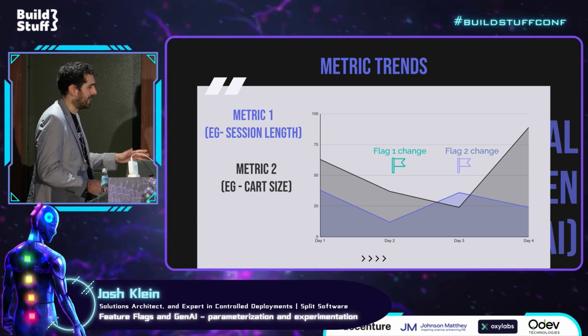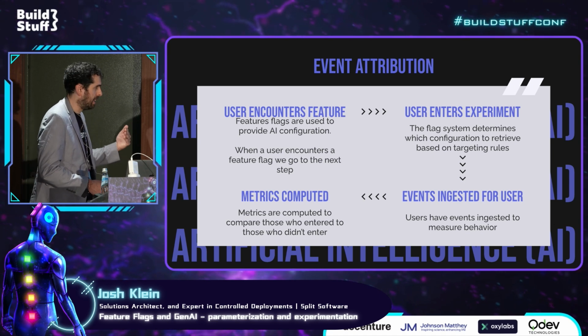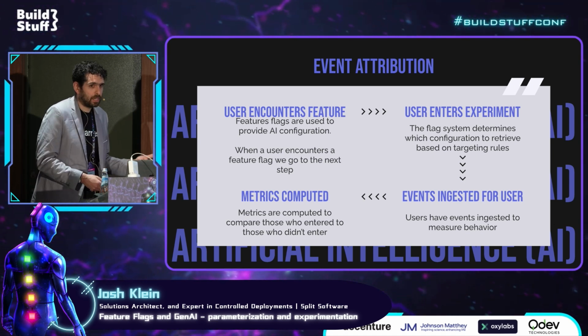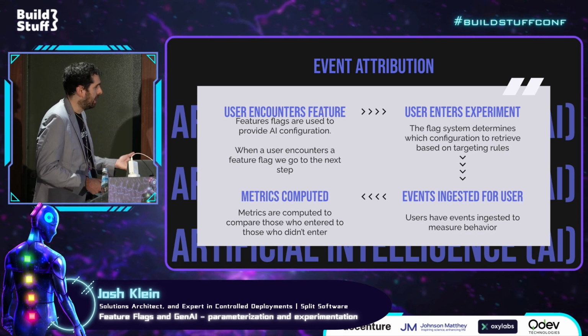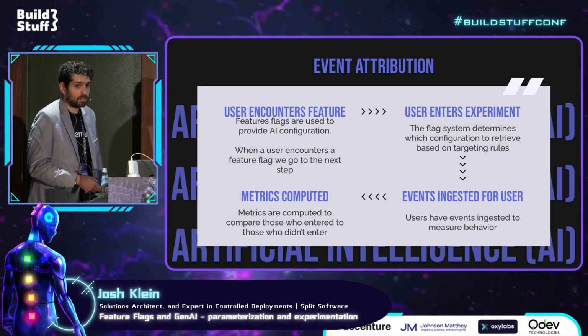So if you're running multiple experiments, like multiple feature flags with percentage-based rollouts, it can be difficult to determine why something is going on, unless you're computing individual metrics for those feature flags for those users who saw those certain treatments.